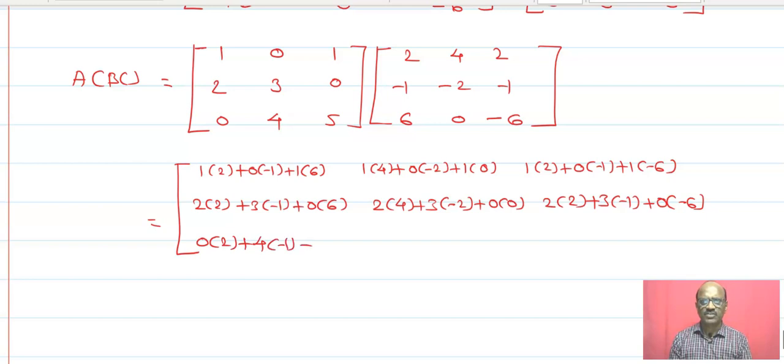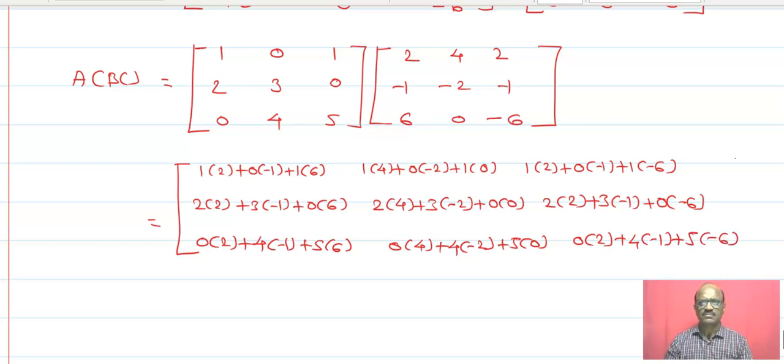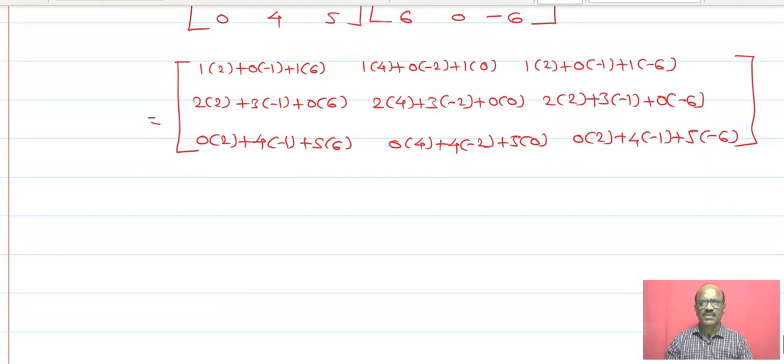Third row, first column, now multiplication is carried out, third row, second column. Third row and third column. Now this is the multiplication. We can perform it. Normal multiplication is there.